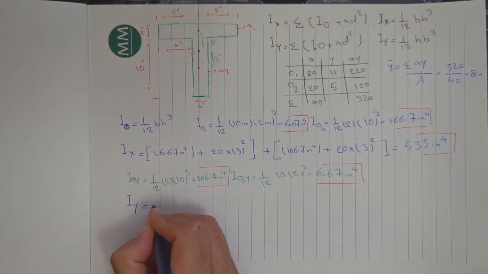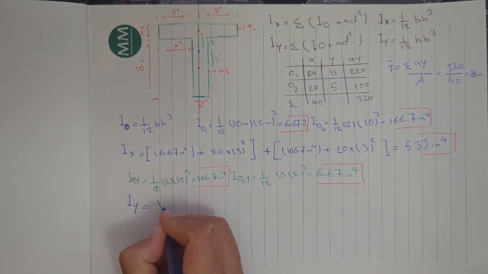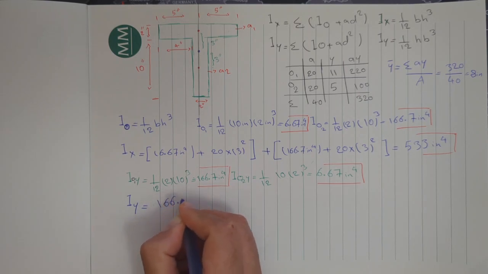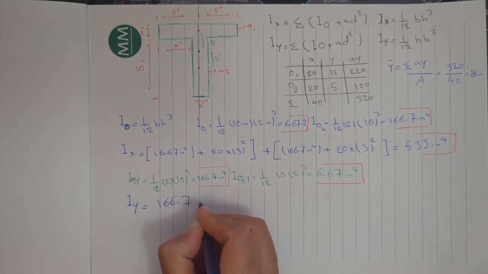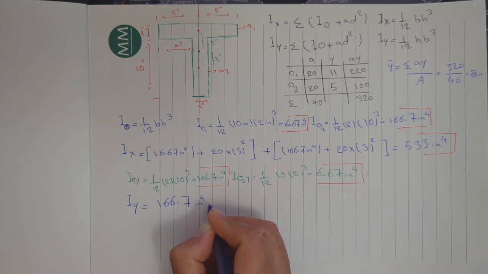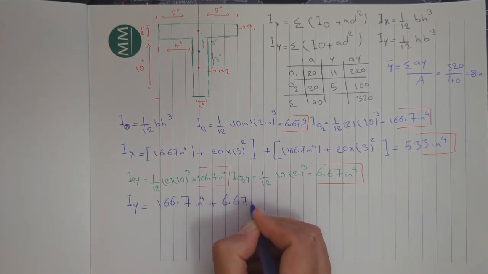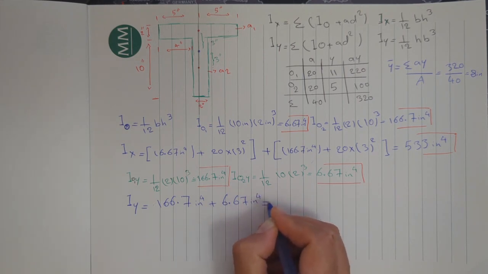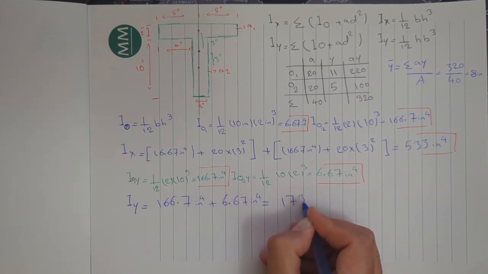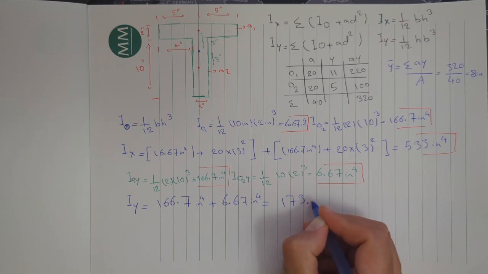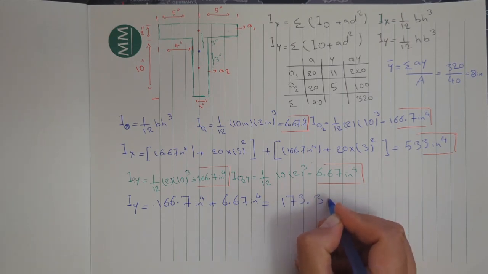So 166.7 plus 6.67 to the 4, and the answer is 173.3 inches to the 4.